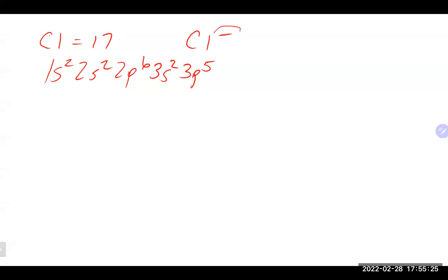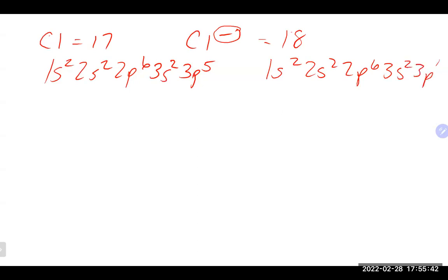When it gains a negative charge, did it gain or lose electrons? Did gain. So something with a negative charge like chloride would have 18 electrons, which means you do need to adjust the electron configuration. 1s2, 2s2, 2p6, 3s2, and 3p6 would actually be the electron configuration for chloride that has a -1 charge.